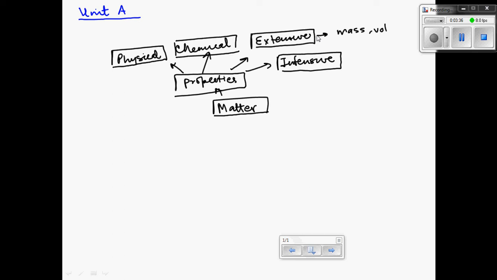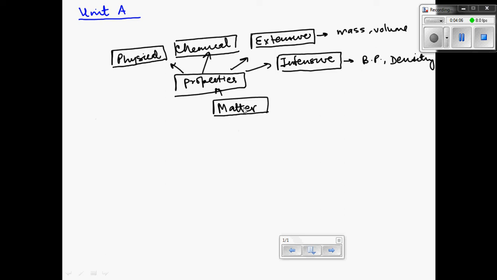The more the matter is present, the more is the extensive property. Intensive properties are independent of how much matter is present, like boiling point, density. So whether you take 5 mLs of water or 25 mLs of water, it will boil at 100 degrees if it is pure water. So the amount has nothing to do with the property.